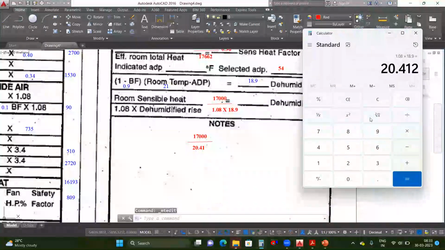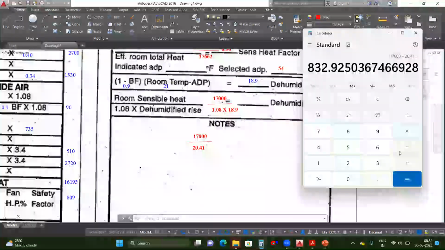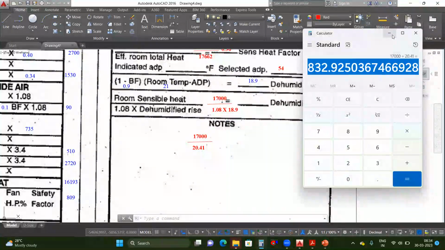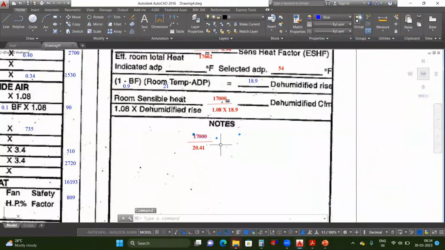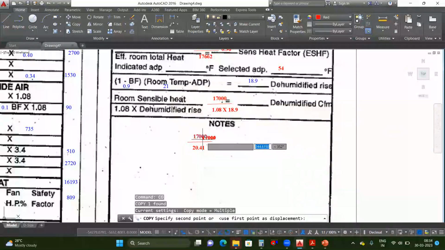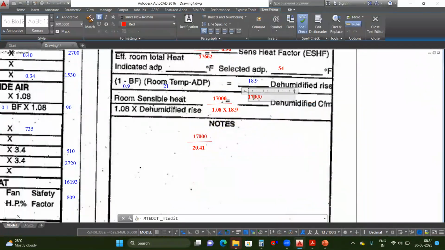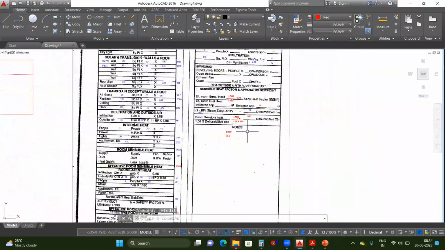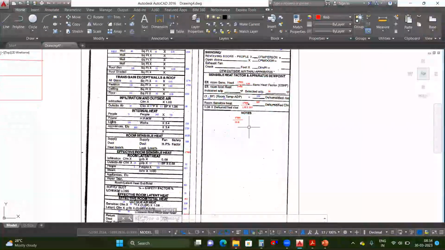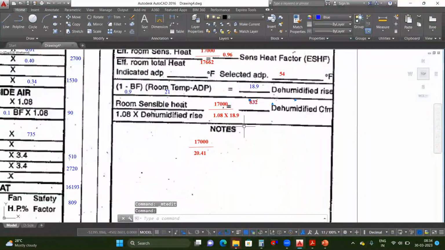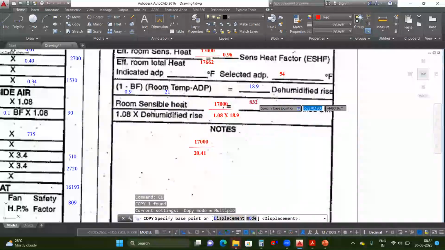So if we do this, 17,000 divided by 20.41, we will get 832 CFM. This is the final CFM we will get, that is 832. So finally we have completed the heat load calculation. So by this we got the value of CFM, that is 832.